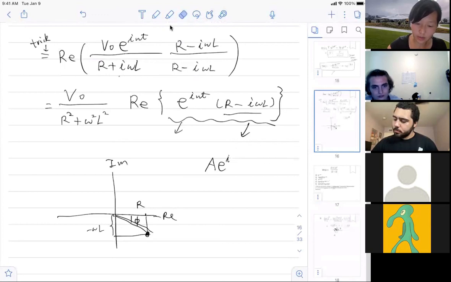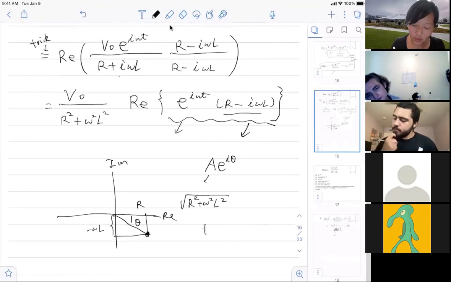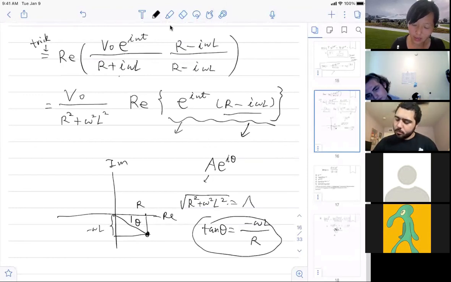I'm just going to write phi here. Sorry, replace this with my theta just to be consistent. All right, so you can see that A is the square root of R squared plus omega squared L squared, and tangent theta is negative omega L over R. So this is my A, this is my theta.